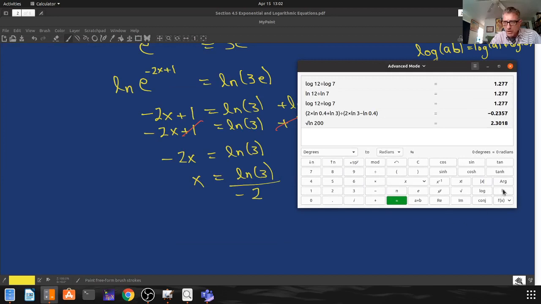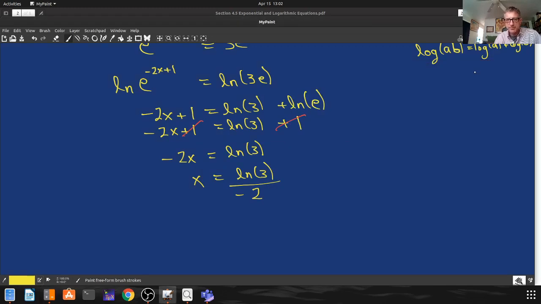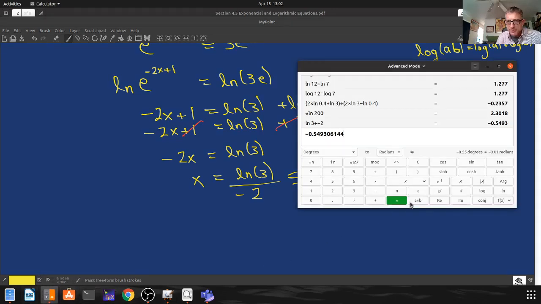The natural log of 3 divided by minus 2 is approximately equal to minus 0.549. So let's check and see.